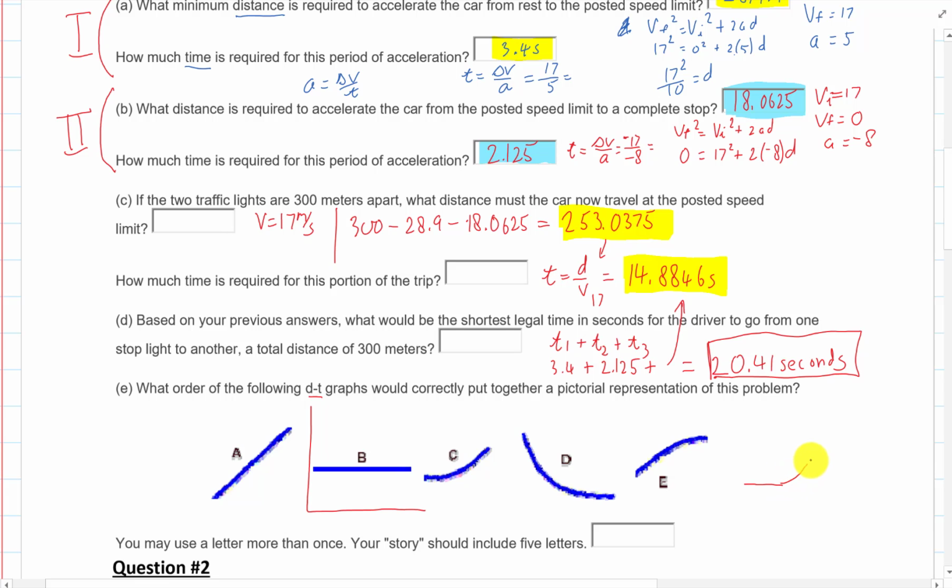So far we got B and then C. What does constant velocity look like? It will look like A. That's constant velocity. The slope doesn't change. So there's B and then C and then A. And then what does slowing down look like?